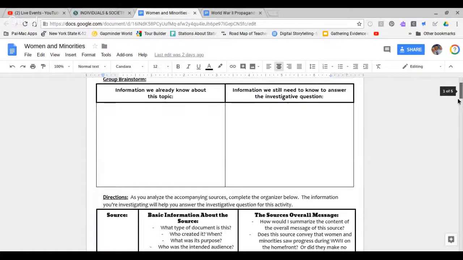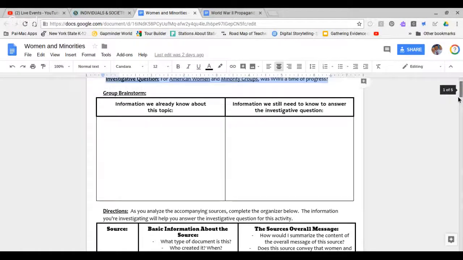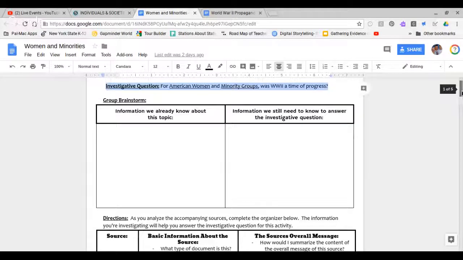So the group brainstorm. In your group, you're going to make a list of information we already know about this topic and information we still need to know to answer the question. Wait, Mr. Hovind, what question and what information? So you're looking at American women and minority groups. Was World War II a time of progress? What do you already know about this topic? It could be very limited, and that's okay, but I do expect some bullet points and some listing going on right here.